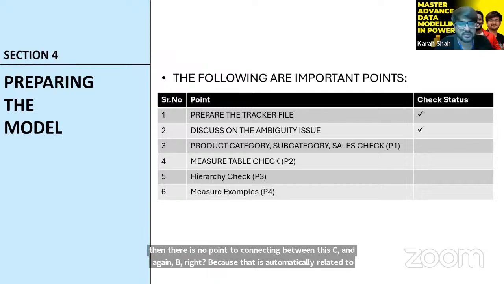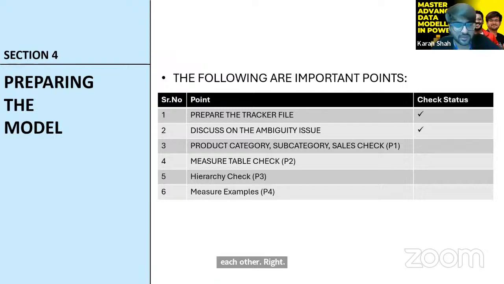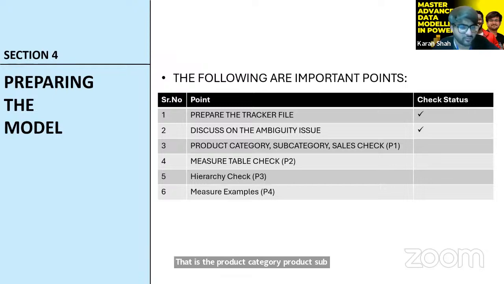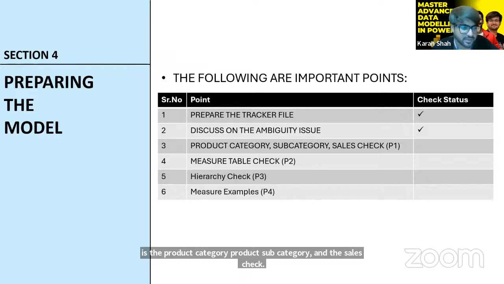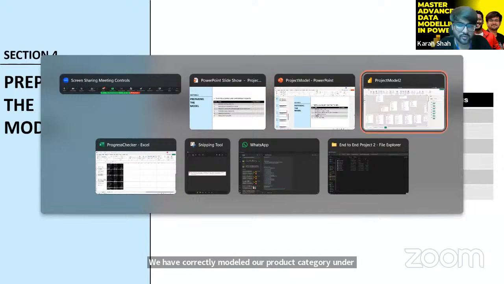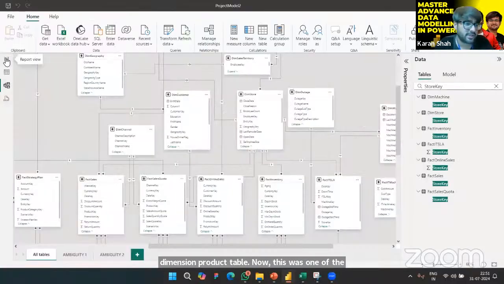So let me discuss this point now, point number 3: the product category, product subcategory, and the sales table. We have correctly modeled our product category, subcategory, and the dimension product table. Now, this was one of the feedbacks provided by the challenge giver.